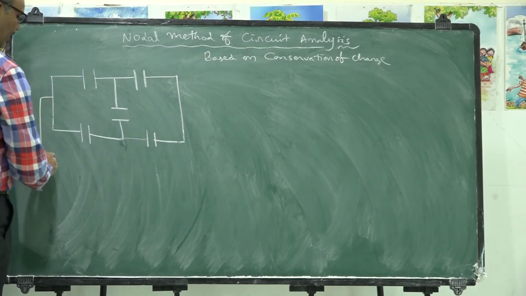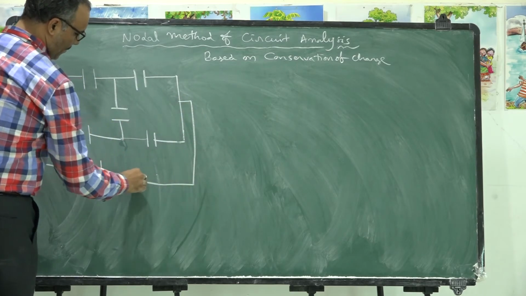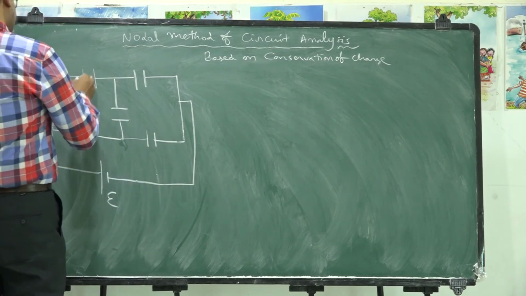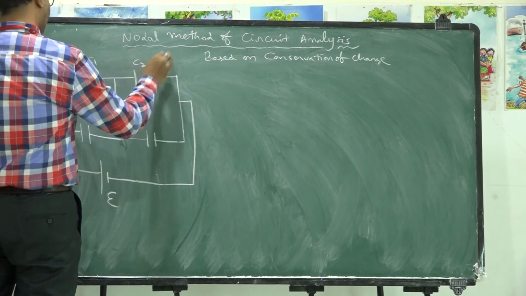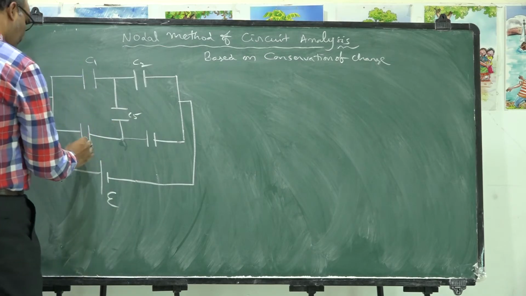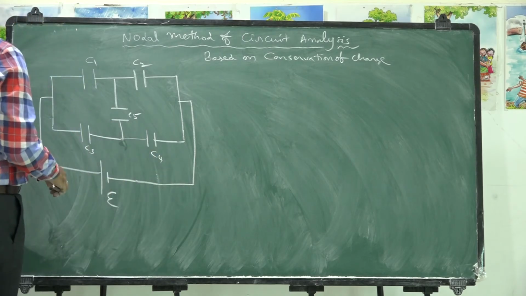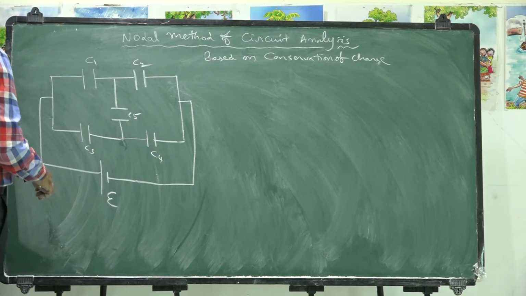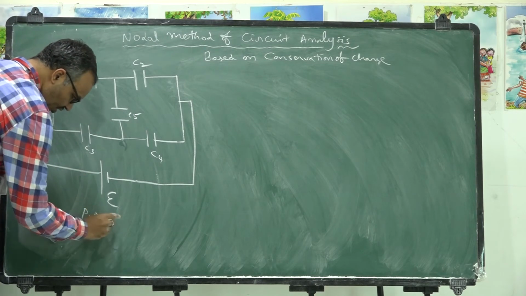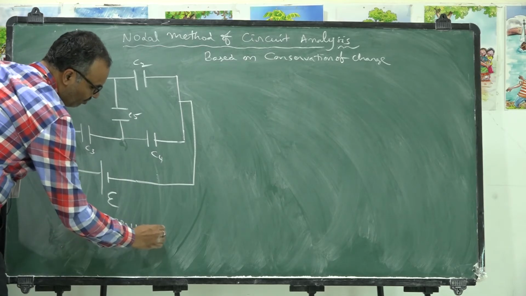It is connected to a cell of EMF E. Here the capacitors have capacities C1, C2, C5, C3, C4. You are asked to find the potential difference across C5 is equal to question mark.